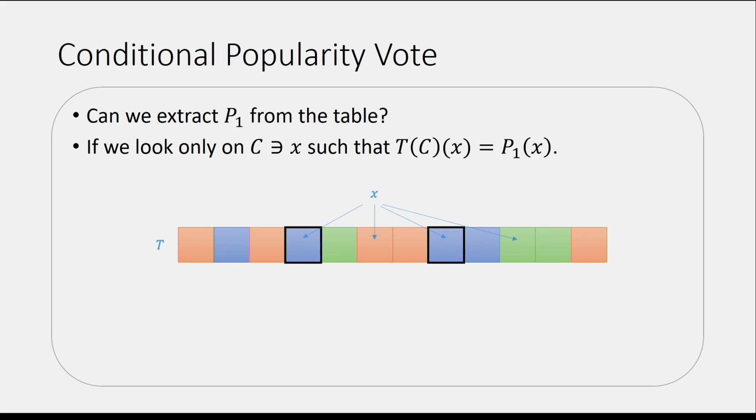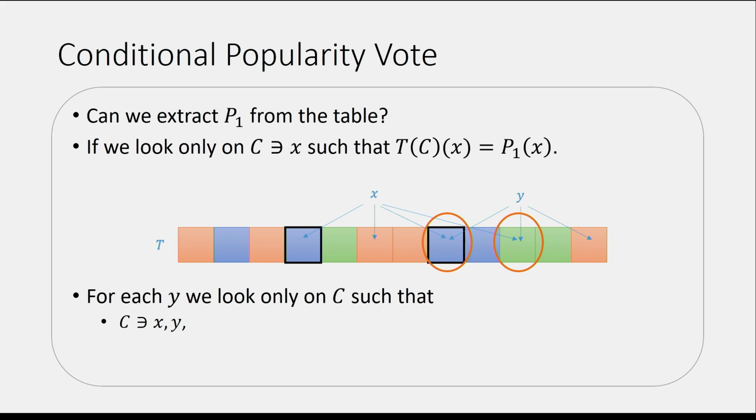Now, if we would only ask these cubes, then we would be good, because all these cubes give the value P1. Since 2 degree D polynomials differ almost always, it is very unlikely that we get here anything except P1. So what does it mean we ask these cubes? For every y, we look at cubes that contain both x and y, and they give x the value P1 of x.